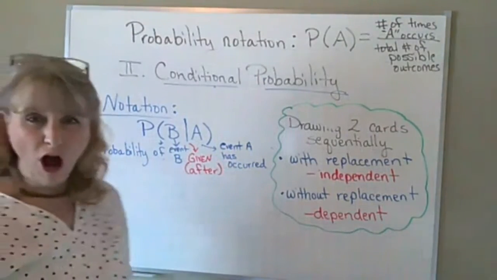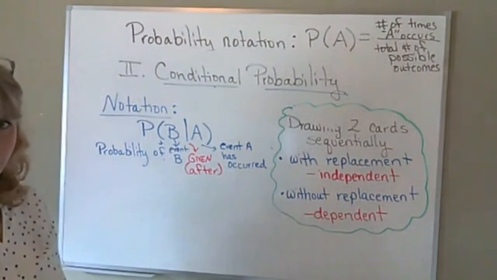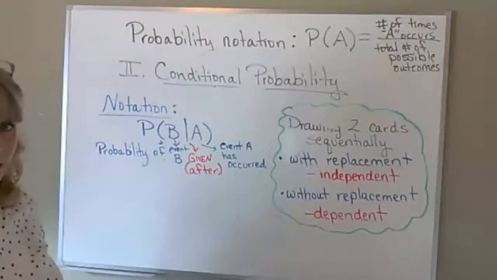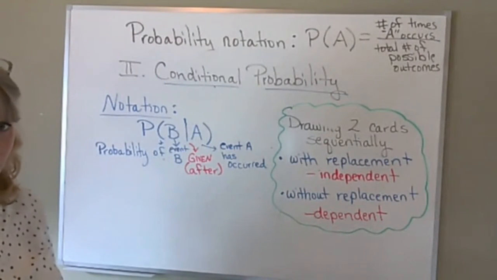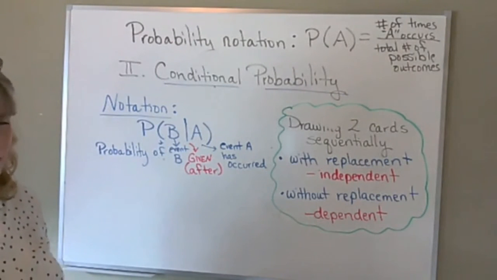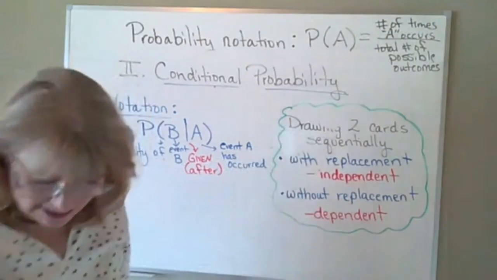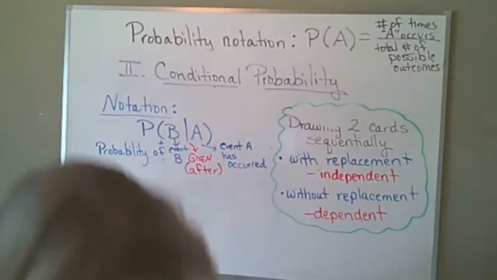In other words, you know event A has occurred, and the question is, what's the probability now that event B will occur?